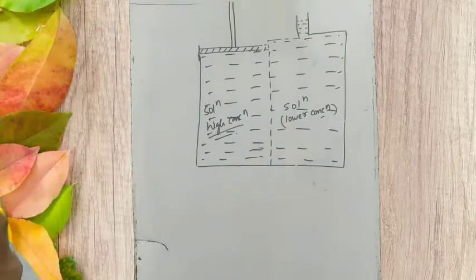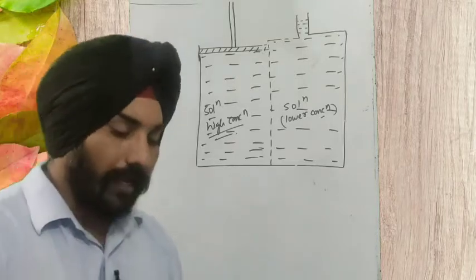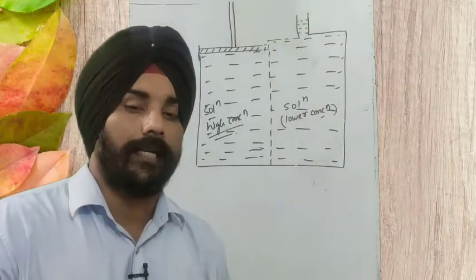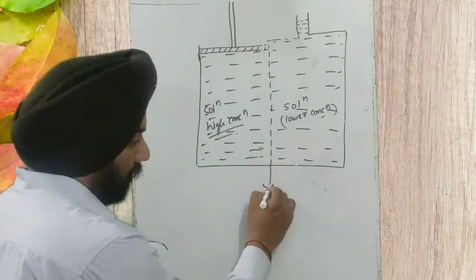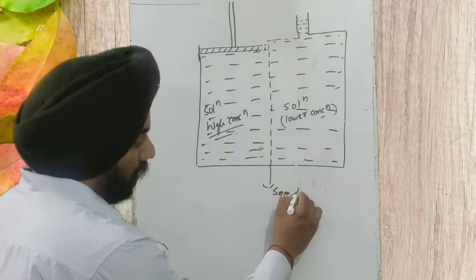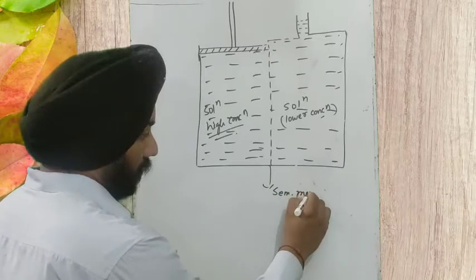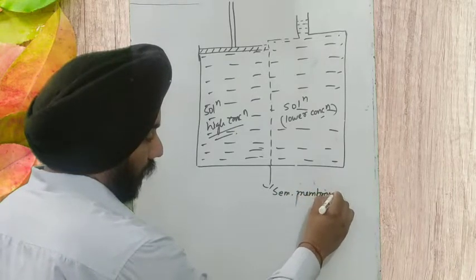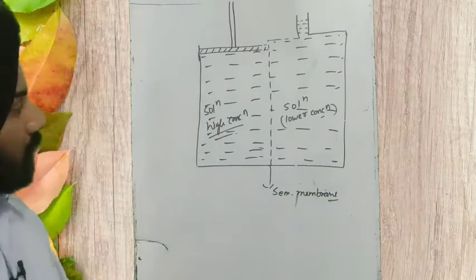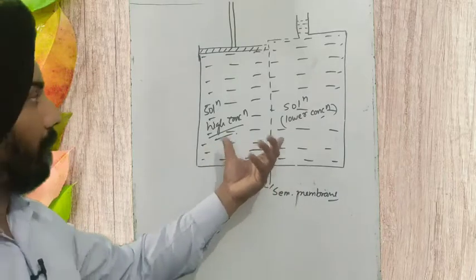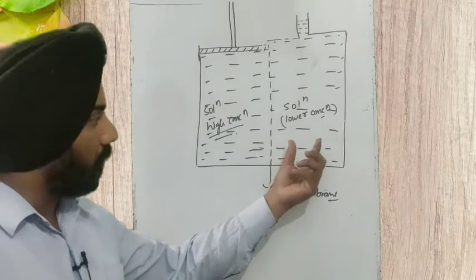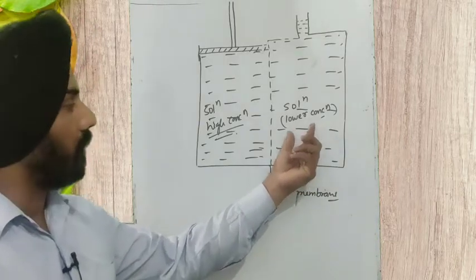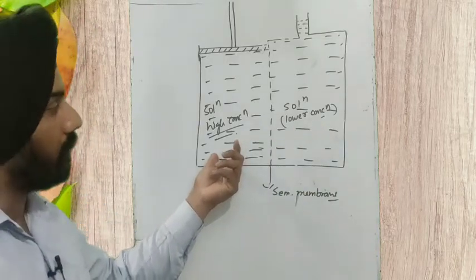As we are keeping them in contact and they are separated by a semi-permeable membrane, this is the semi-permeable membrane, solvent molecules are going to pass from the lower concentration of solute to the higher concentration of solute.